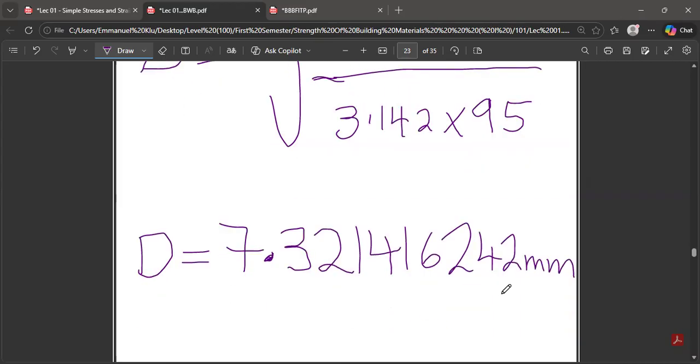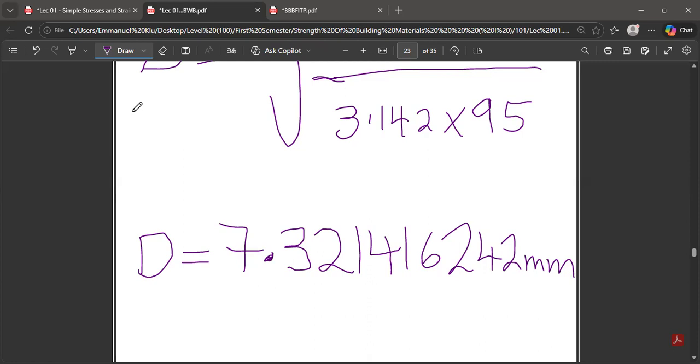Do you understand? I want to be more accurate. I want my answer to be closer to the standard value. So the answer we're going to get is 7.321416242 millimeters. You can choose to maintain your answer in 4 decimal places, 5 decimal places, or 6 decimal places, but the standard should always be 4 decimal places.